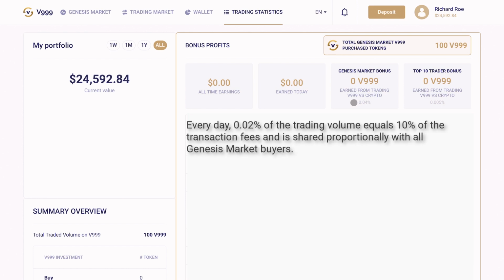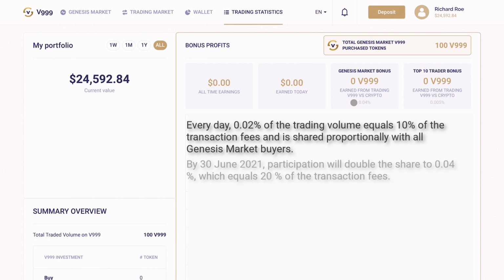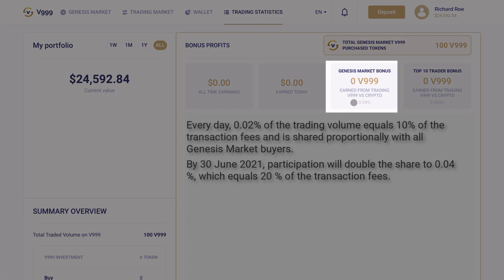Every day, 0.02% of the trading volume, which equals 10% of the transaction fees, is shared proportionally with all Genesis market buyers. By the 30th of June 2021, participation will double the share to 0.04%, which equals 20% of the transaction fees.